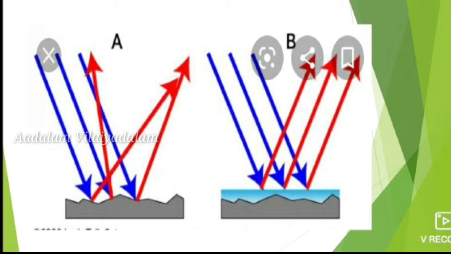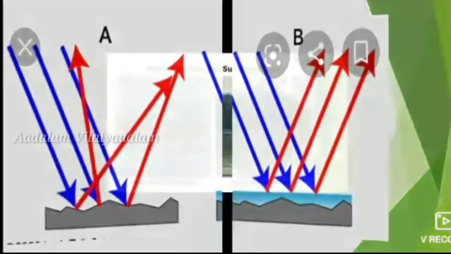In picture B, the light rays fall on a smooth surface and the reflected rays are parallel to each other, so this is regular reflection. In picture A, the light rays fall on a rough or irregular surface, and the reflected rays are at different angles, which are not parallel. So it is irregular reflection.